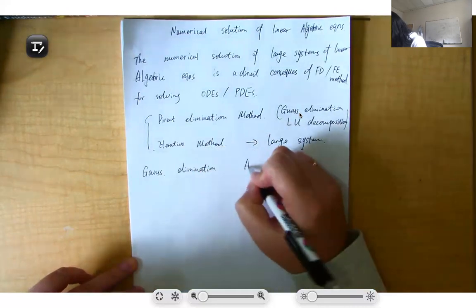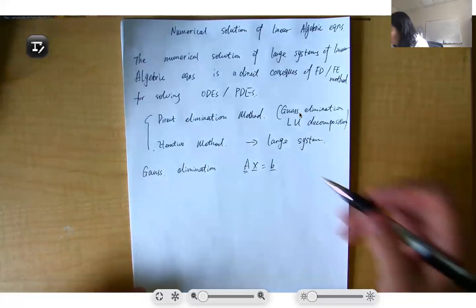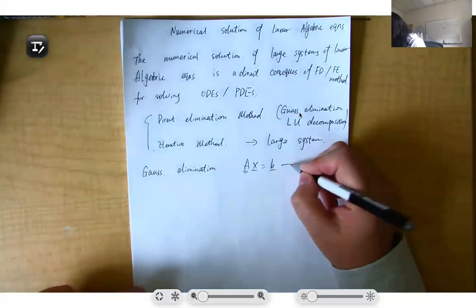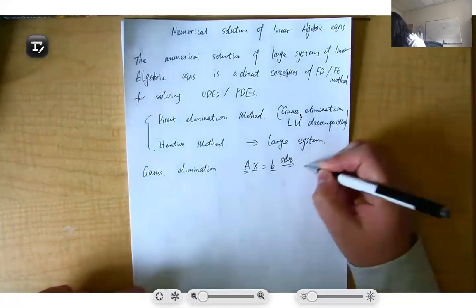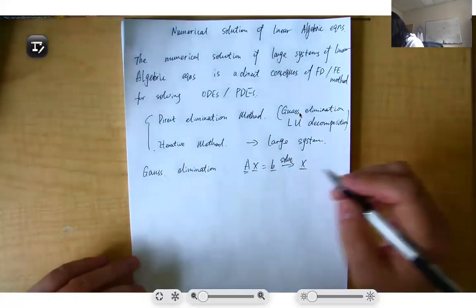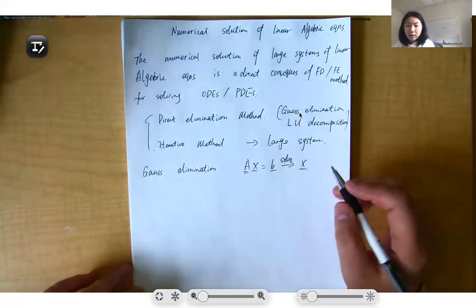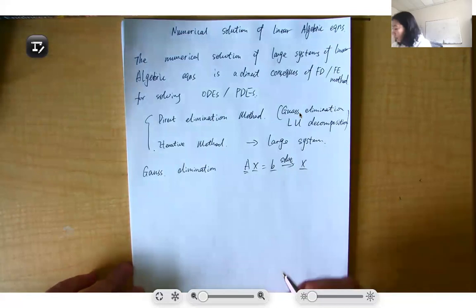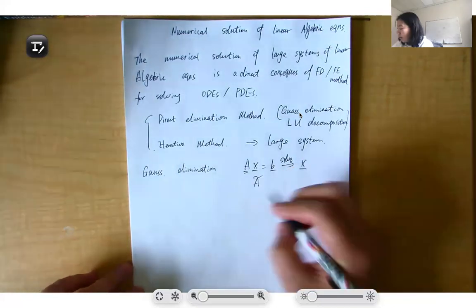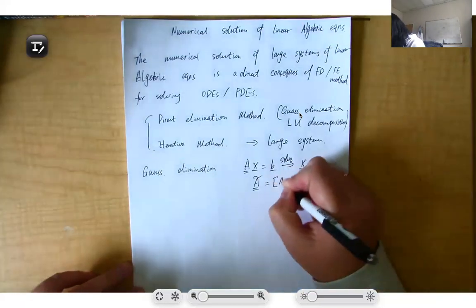So we are solving the system AX equals B, and we are trying to solve for X, which is a non-trivial X. How do we solve using Gauss elimination? We first construct an augmented matrix, which is [A, B].